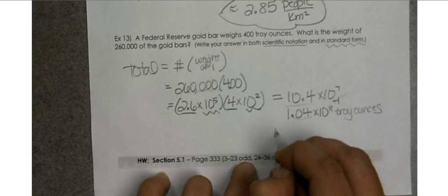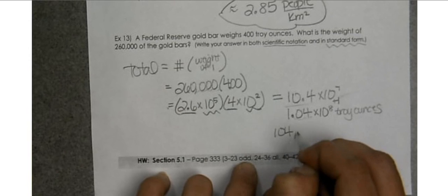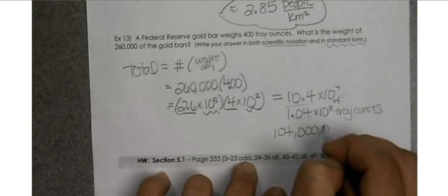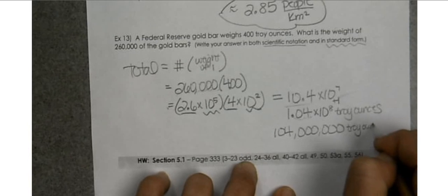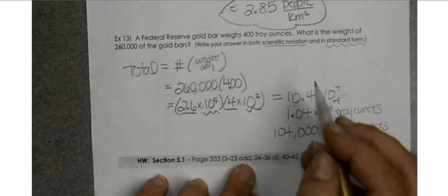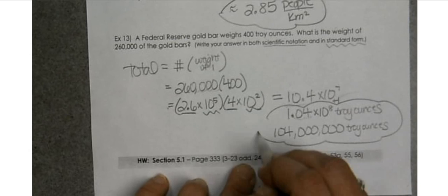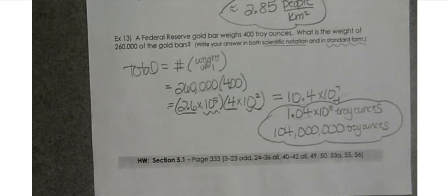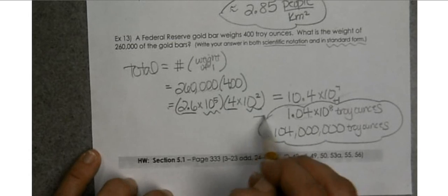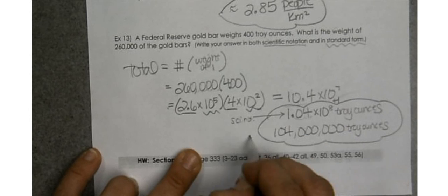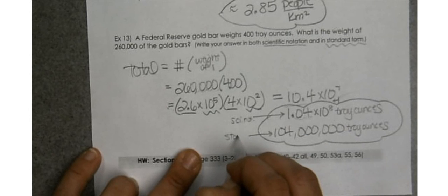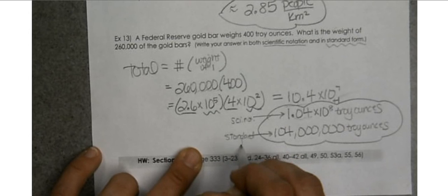So what happens is that we have that 104, and then we add the 6 zeros on the end. And so those are your 2 answers in scientific notation and in standard form. And again, standard form is just regular form.